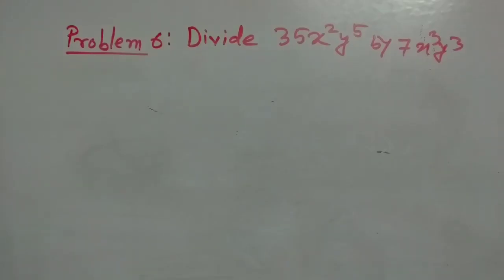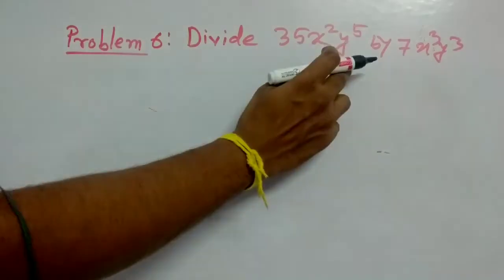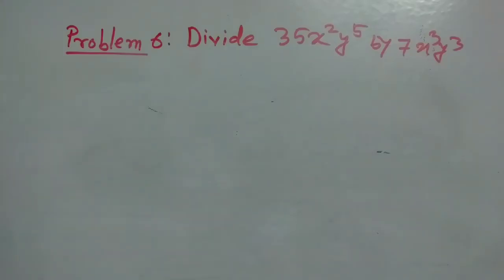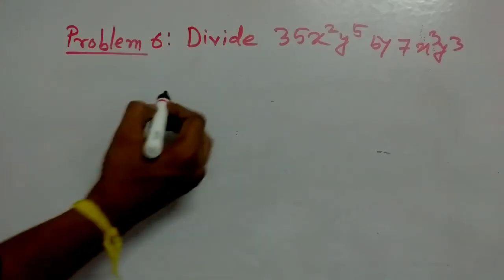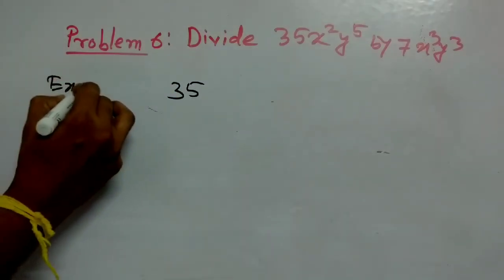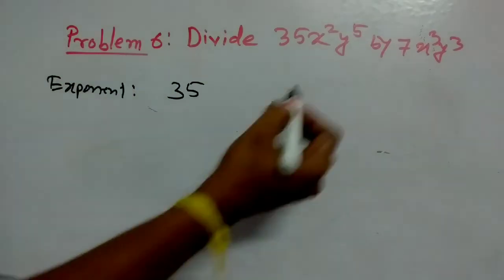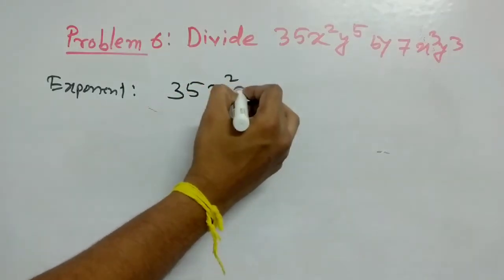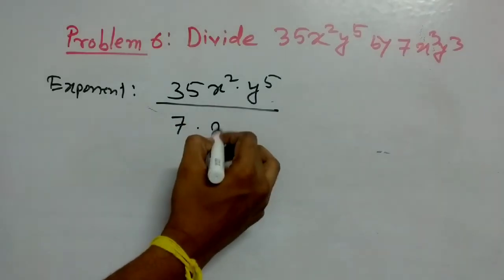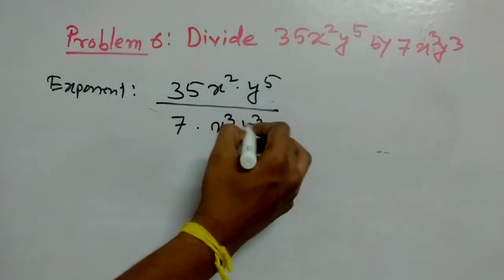The next question is divide 35x square y to the power 5 by 7x cube y cube. You can choose the exponent method or the expanded method. I will go for the exponent method first. So 35 x square y to the power 5 by 7 x cube y cube.